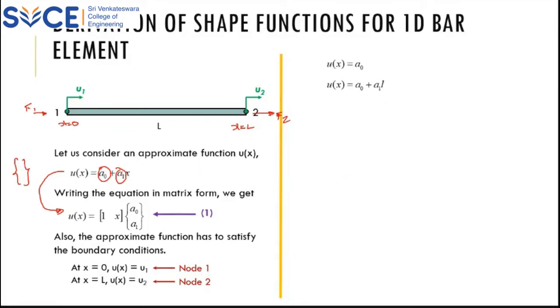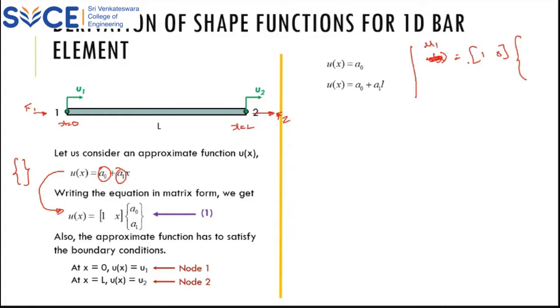Either I can apply it here and convert it to matrix form, or I can directly use matrix form. I can use this equation: u of x. When x is equal to 0, I get 1, 0, so this is u1.